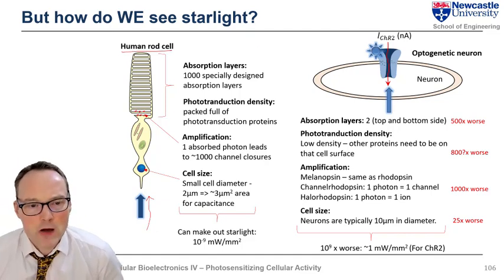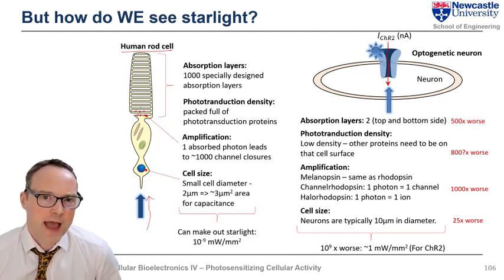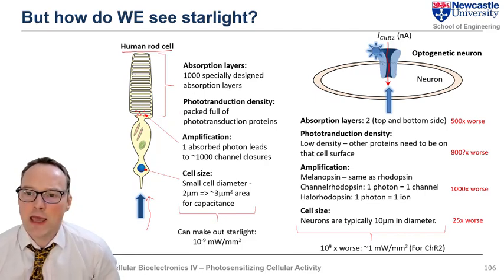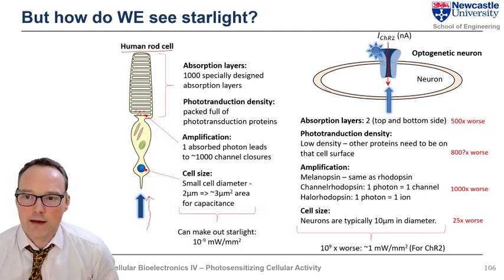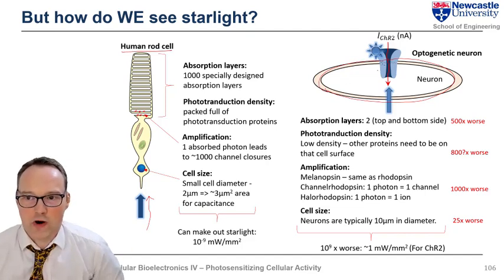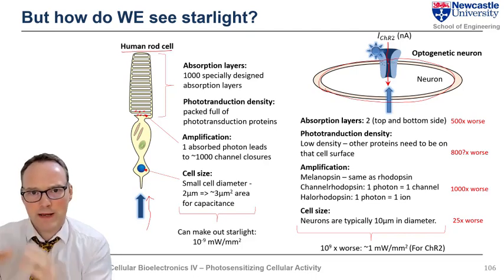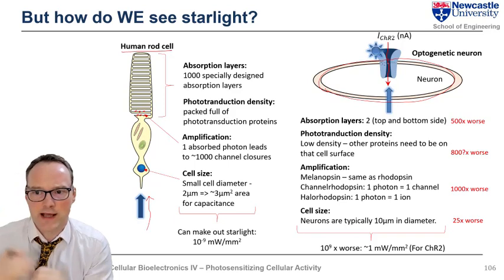So, unlike a normal cell, the human rod has about 1,000 absorption layers. If instead you take a normal neuron cell, which we can treat like a spherical object, and you stick an artificial opsin onto its surface, well, it effectively has 2 surfaces. It has the bottom surface and the top surface so the light can go through.